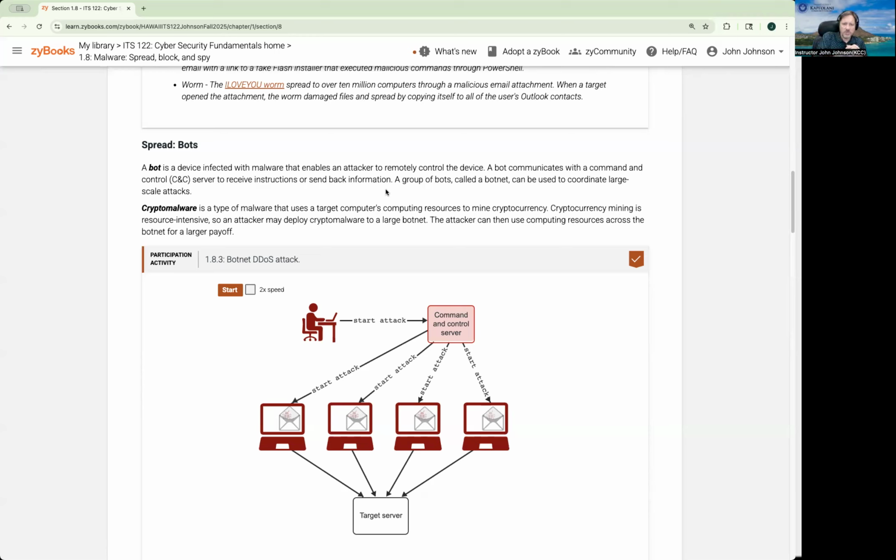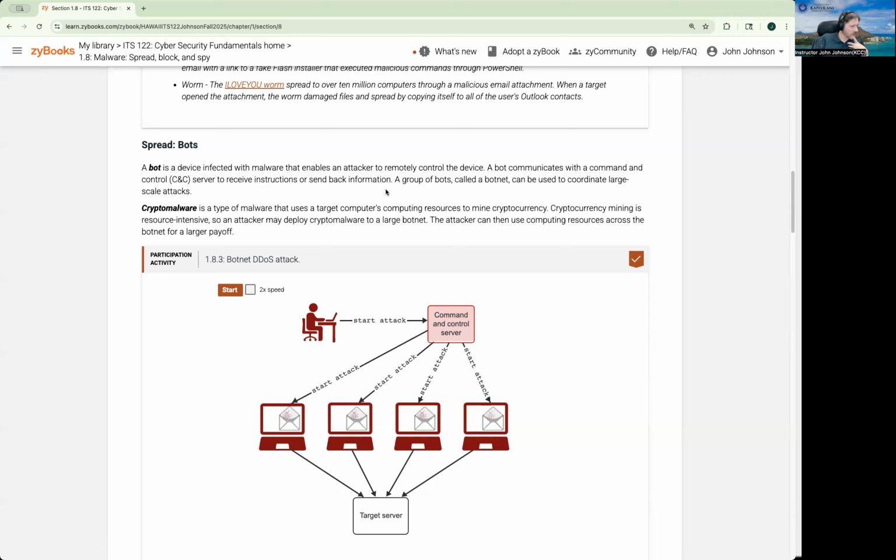But what's going to happen is that command and control server is going to send the messages to the bots. And the bots, if you have a large number of them, you've got a botnet essentially, and those can do coordinated large scale attacks. I mentioned DDoS attacks, the distributed denial of service attacks. That's the kind of thing that you'd want to use a botnet for.